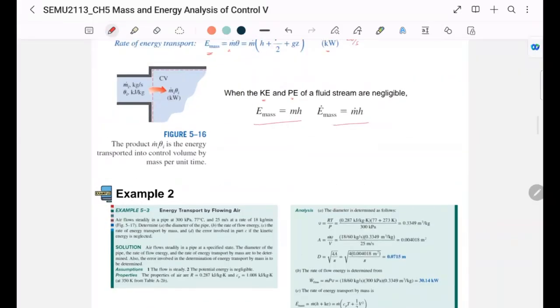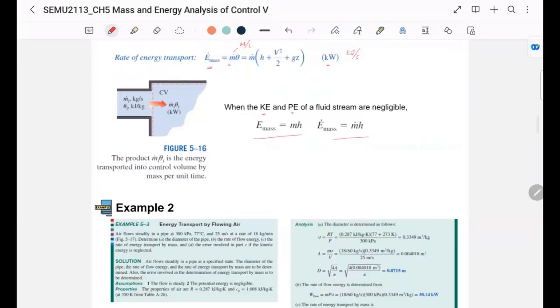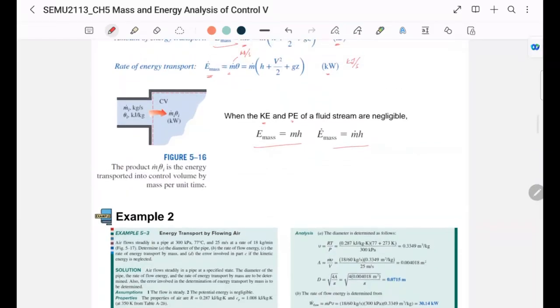And this is applicable to both ideal and non-ideal gas, which means for all the pure substances that we're talking about. Because it's applied to pure substance, to get the H, we have to refer to the property table.